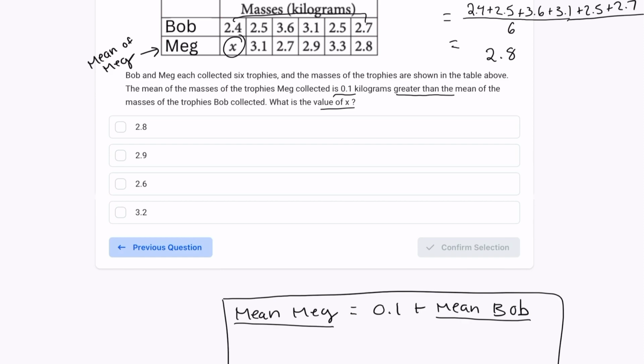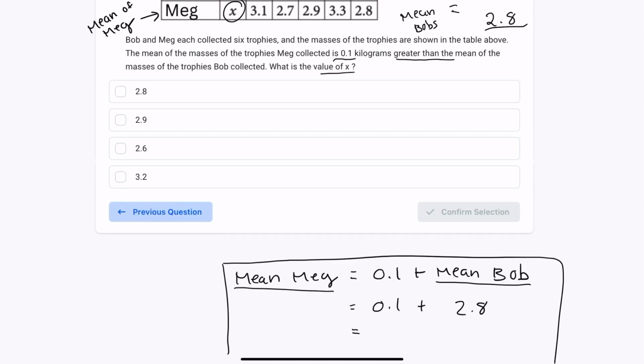So the mean of Bob's trophies is 2.8. So therefore, 0.1 plus 2.8 is equal to 2.9, which tells us that Meg's mean is 2.9.